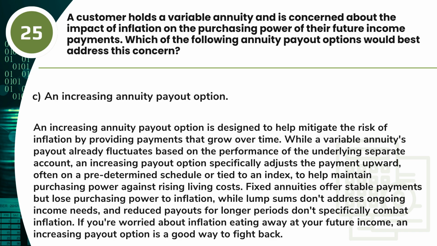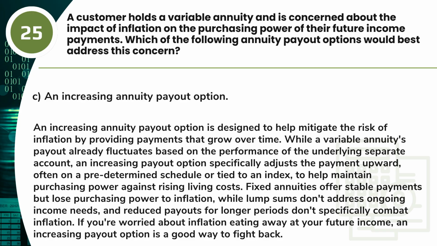An increasing annuity payout option is designed to help mitigate the risk of inflation by providing payments that grow over time. While a variable annuity's payout already fluctuates based on the performance of the underlying separate account, an increasing payout option specifically adjusts the payment upward, often on a predetermined schedule or tied to an index, to help maintain purchasing power against rising living costs.